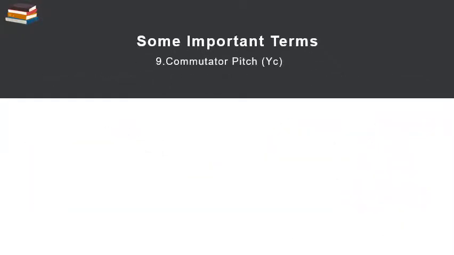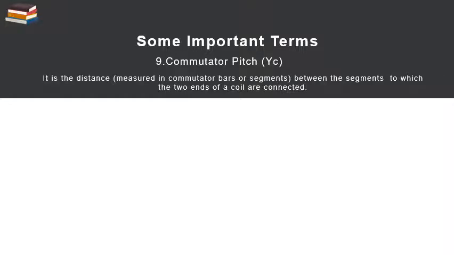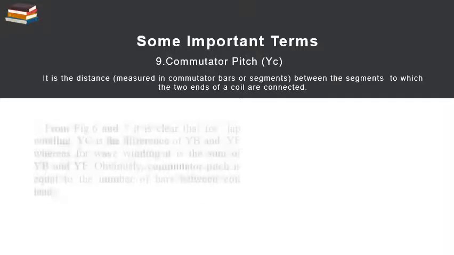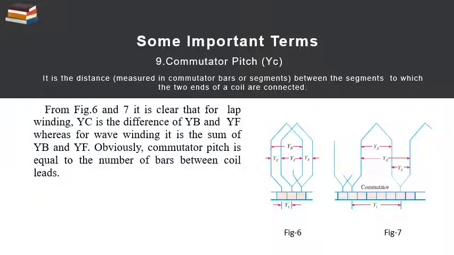So next one is commutator pitch. It is denoted by YC. It is defined as the distance between the segments to which the two ends of a coil are connected. This is the simple definition of commutator pitch. From figures 6 and 7, it is clear that for lap winding, YC, the commutator pitch, is the difference of YB and YF, whereas for wave winding, it is the sum of YB and YF, where YB is called the back pitch and YF is called the front pitch.